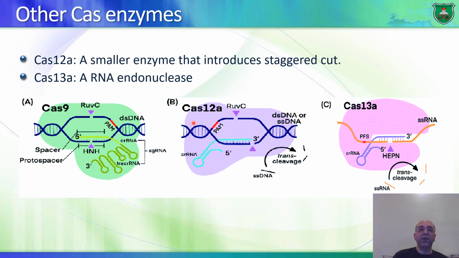On the other hand, the Cas12a system creates staggered cuts instead. You have the discovery of another Cas enzyme known as Cas13a, and this enzyme is specific for RNA endonucleases. So there are different enzymes that have been discovered, and scientists are trying to be creative about how to use these enzymes.